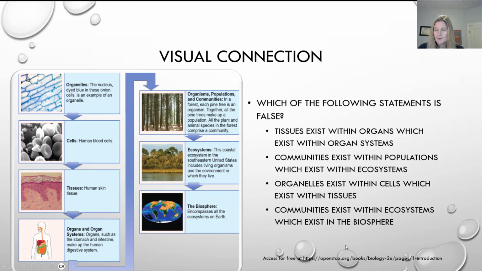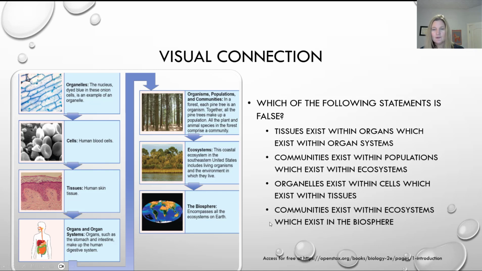Okay, so here's a question for you. This is from our visual connection questions from our textbook. So which of the following statements is false? So use the picture on the left to help you figure out which one of these is false. So let's start with the first statement. Tissues exist within organs, which exist within organ systems.